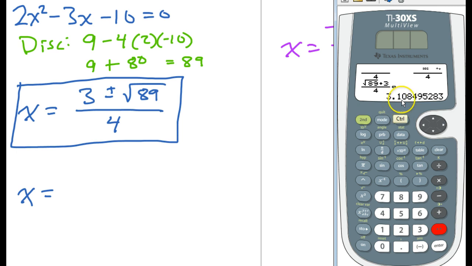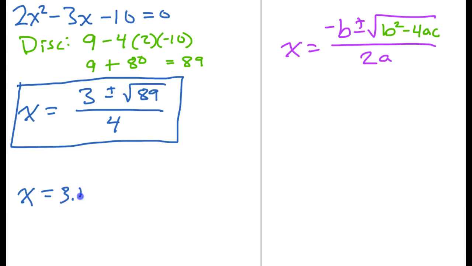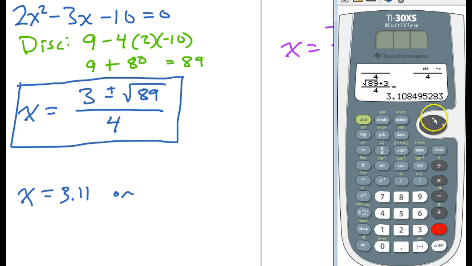Got to round up. I'm doing the nearest hundredth. So 3.11. And then for the other decimal, I'm actually going to go back and just change it to a minus sign.